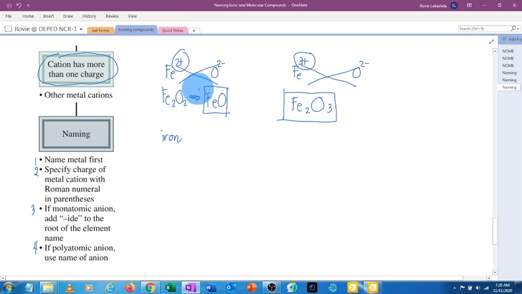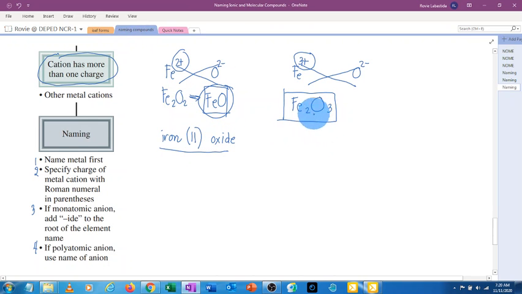So the charge of the iron for this compound is 2 positive. So 2. Iron 2. And then if monoatomic, since our anion is monoatomic, add IDE to the root term of the element. So this is the root term. Let's add IDE. So the name for this compound is iron 2 oxide.